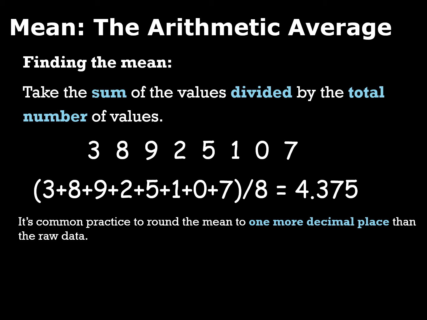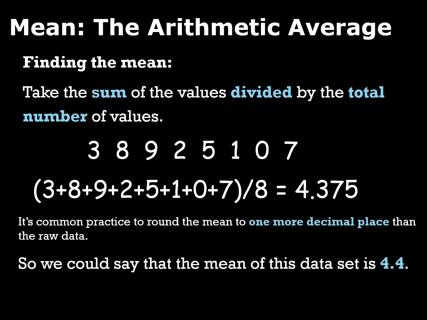So when we find our mean, we're willing to go one more decimal place past that. So we would want to take this 4.375 and round it to something with just one digit past the decimal point. That would be rounded to 4.4. So that's what we would say, the mean of that data set is 4.4.